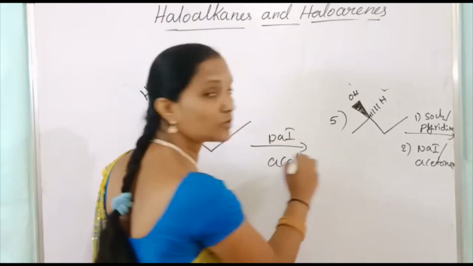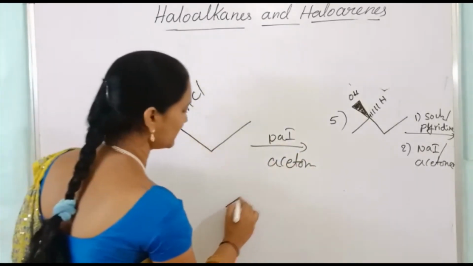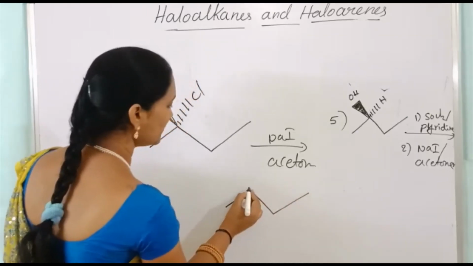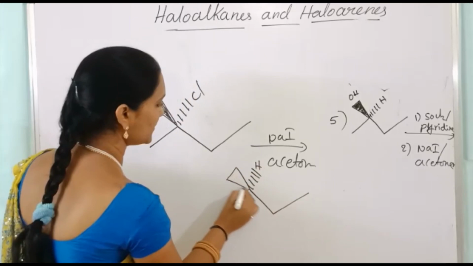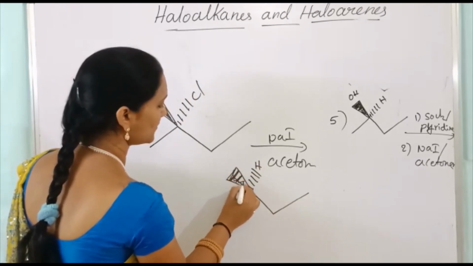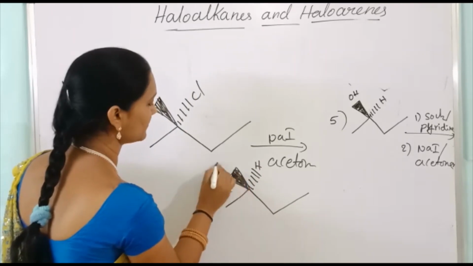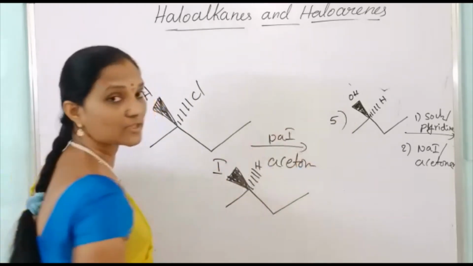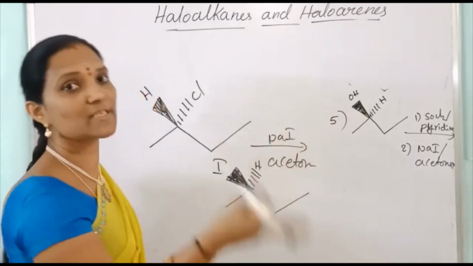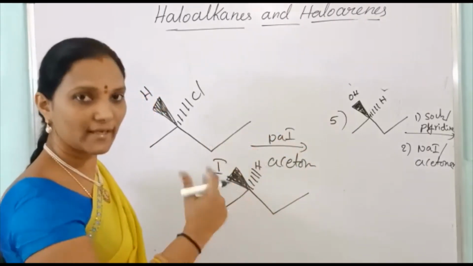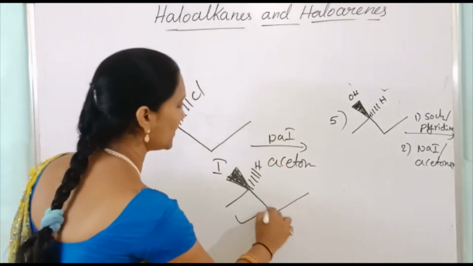Again this is the SN2 mechanism, so inversion takes place, again inversion. So here H and this is iodine. Okay, it is the same structure repeated. OH is replaced by iodine because of two SN2 steps, inversion and again inversion, with sodium iodide in acetone. So this is the final answer.